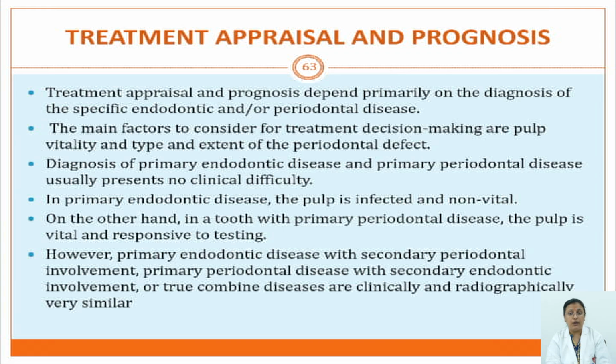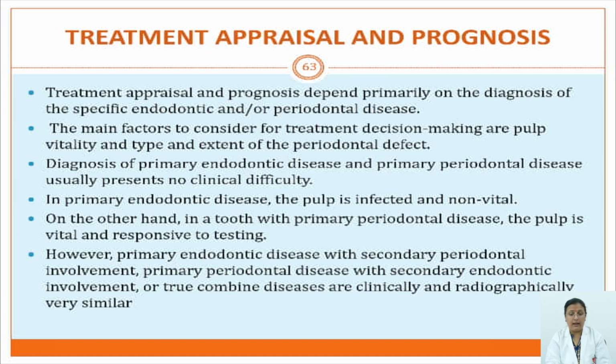Now coming to treatment appraisal and prognosis. It depends primarily on the diagnosis of the specific endodontic and periodontal diseases. The main factors to consider for treatment decision making are pulp vitality, and the type and extent of the periodontal defect. Diagnosis of primary periodontal disease and primary endodontic disease presents no clinical difficulty.